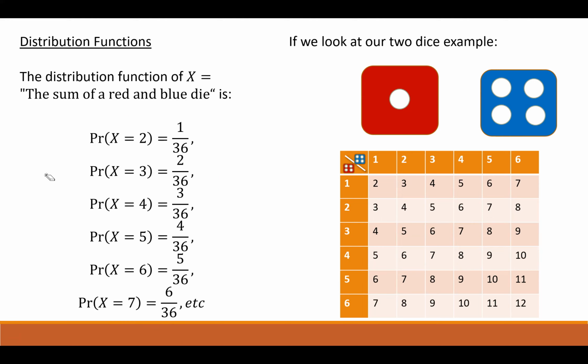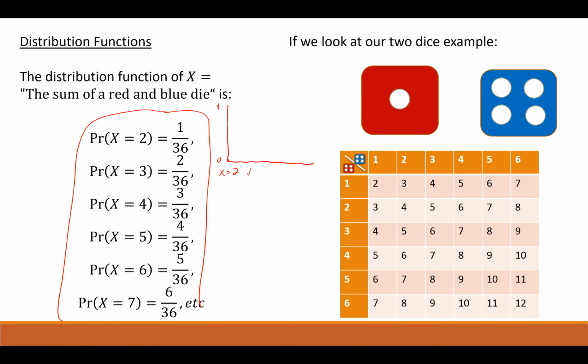Formally this is correct, but you would often see it drawn with probability on the left-hand side from 0 to 1, and then X equals 2, X equals 3, X equals 4 along the X-axis, and then my probability function looks something like that.